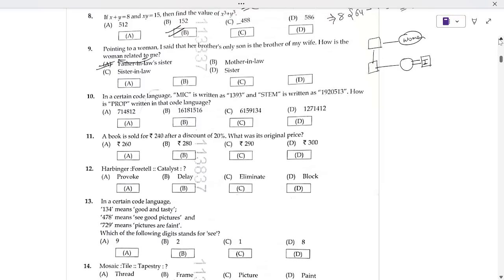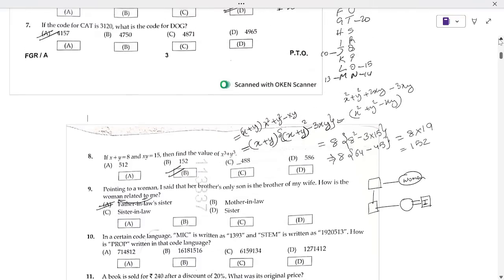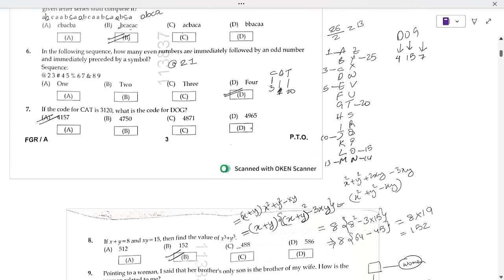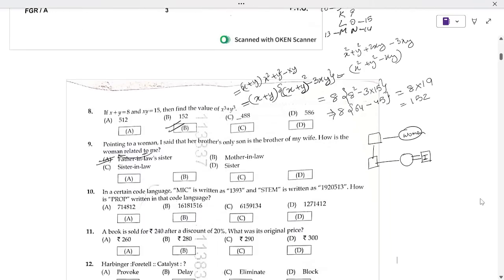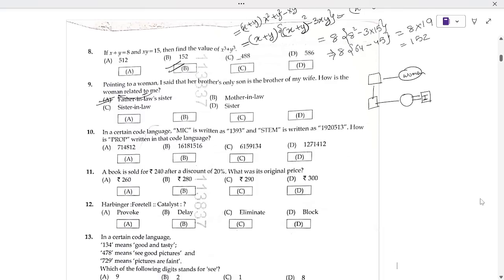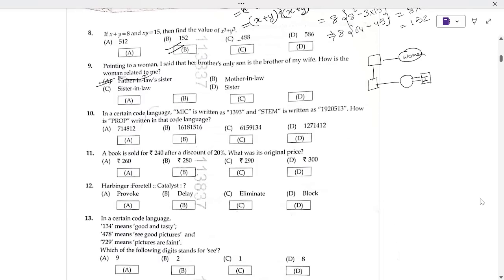MIC: M is 13, I is 9, C is 3, so 13 9 3. Let's check, they're just following the corresponding numbers. Yes, 13 9 3. STEM is also the same thing: S is 19.